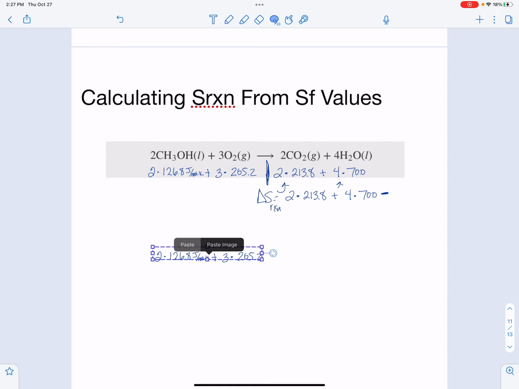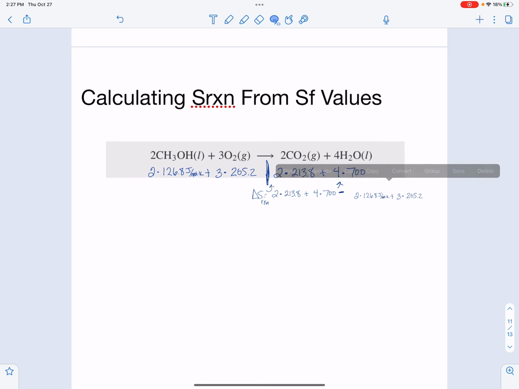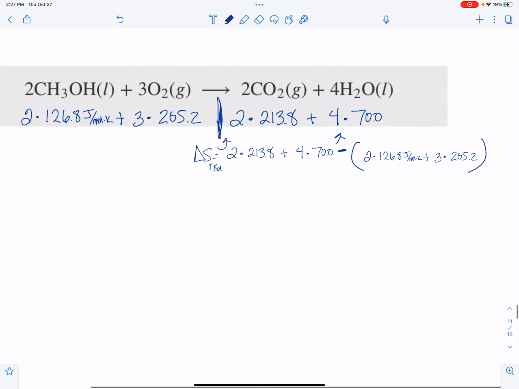I'm going to have to make them a little smaller to fit them in there. I have to put a parentheses around it. So I'm going to zoom in so that you can see that better. This will get us to the S of reaction. These, by the way, were S of formation values.